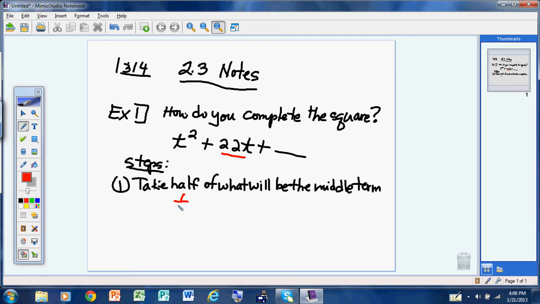So 1/2 of means multiply, so 1/2 of 22 is 11. And then the second step that you do in completing the square is square that value.